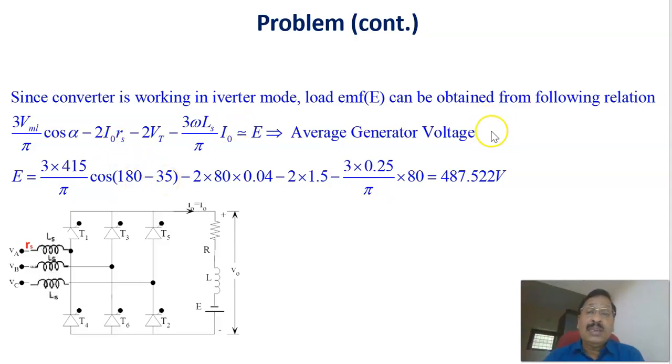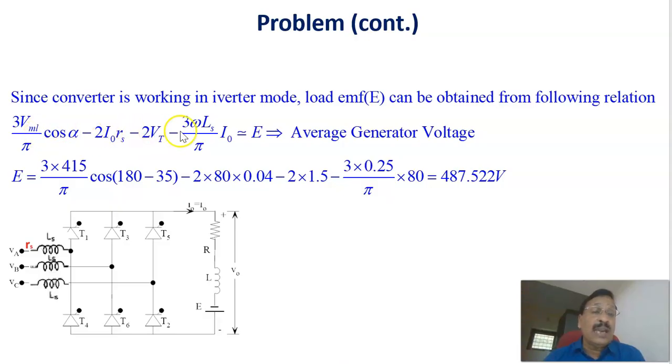In this equation, this is the 3 VML by pi cos alpha. This is the drop due to the resistance of the source, this is the drop due to the reactance of the source, and this is the drop in the thyristors.